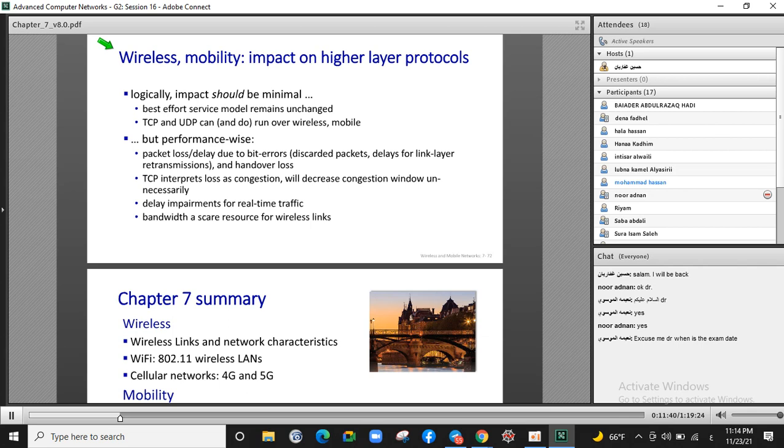So routing protocols and a routing strategy should be used to handle this movement, sending information from the previous network to the new one. Okay, but what is important is that when I'm moving from one network to another network, it directly affects the upper layer protocols.